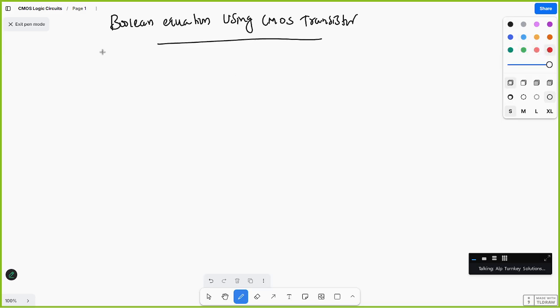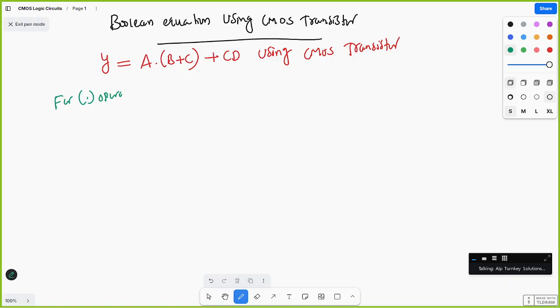My Boolean equation is y equal to A and B or C, plus CD. How to design this Boolean equation using CMOS transistors? You already know, for AND operation, which one will be series and which one will be parallel? NMOS will be series and PMOS will be parallel.